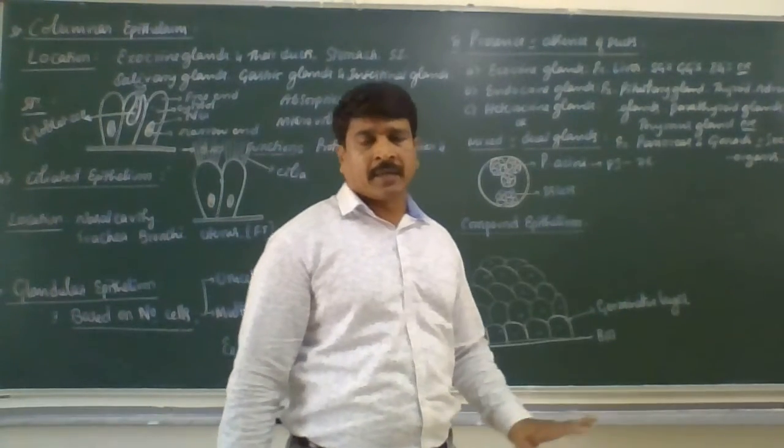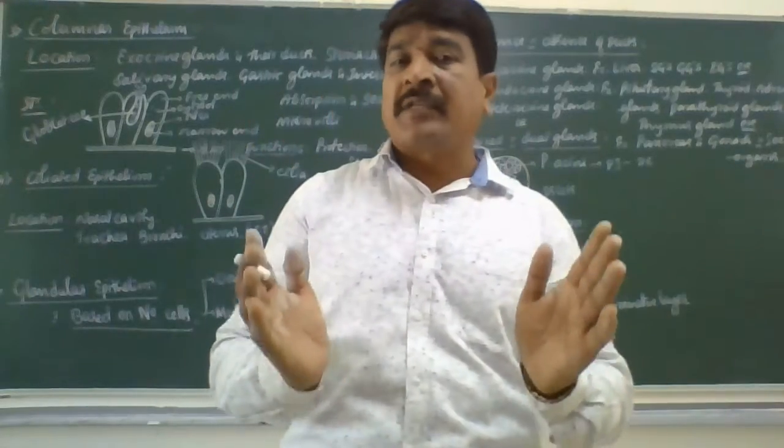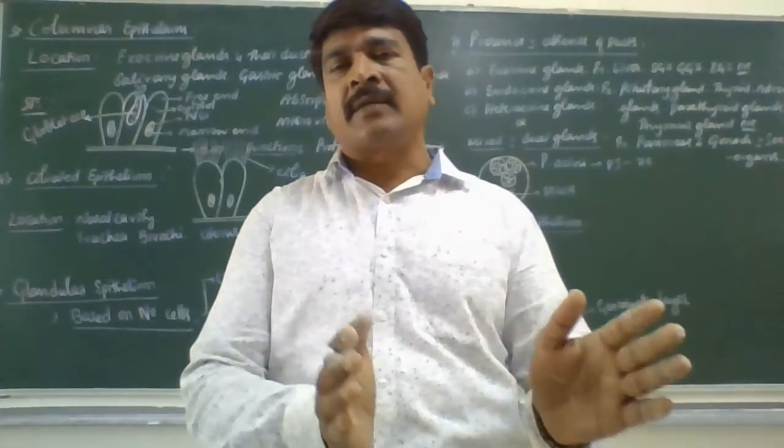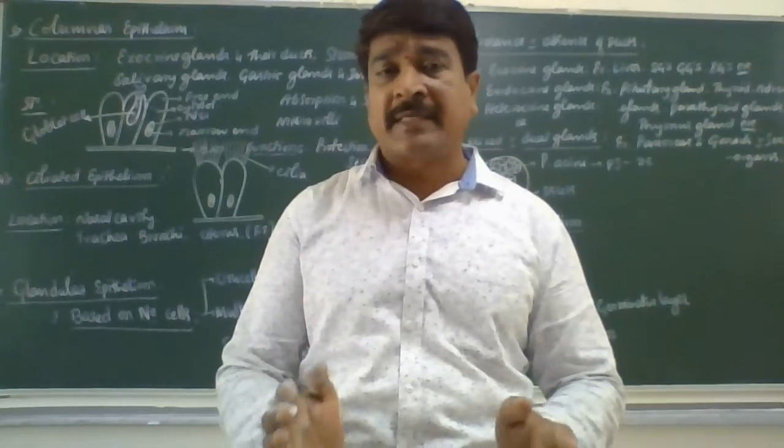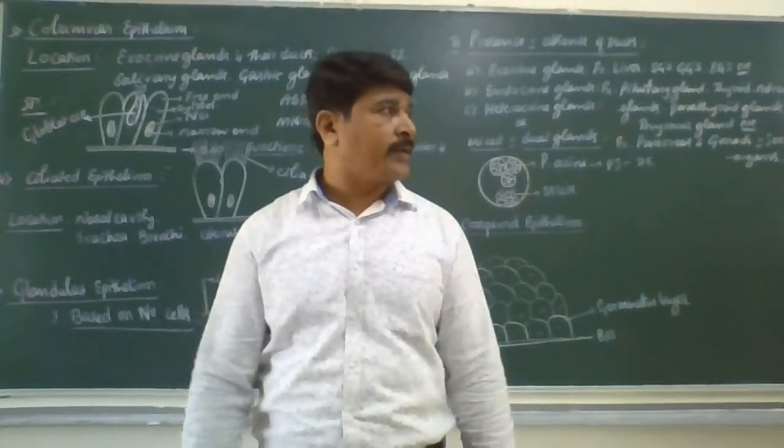So the epithelium which consists of many layers of cells is called compound epithelium. One point: the size and shape of the cells in all the layers are not at all similar.